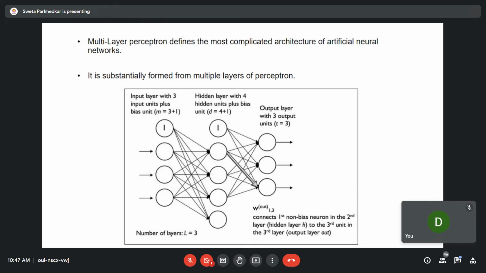If in the exam you are asked to explain multiple adaptive linear neurons or the Madeline model, then you can explain the multi-layer perceptron only. ठीक है, कंफ्यूज मत होना. अगर मैडेलाइन मॉडल या मैडेलाइन आर्किटेक्चर एक्सप्लेन करने के लिए बोलते हैं तो it is just a multi-layer perceptron.